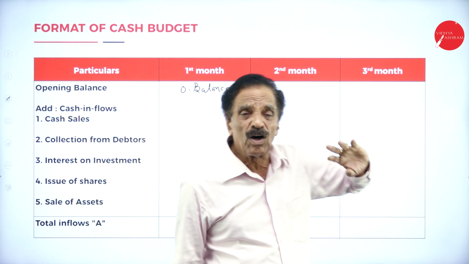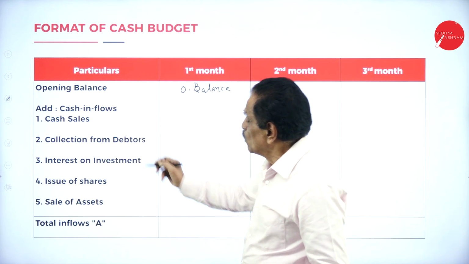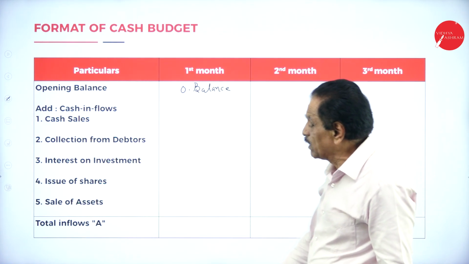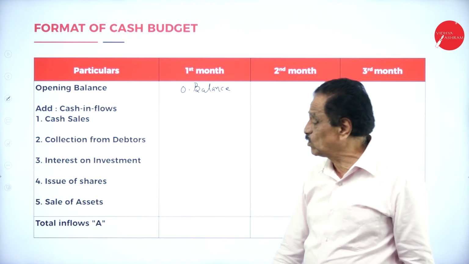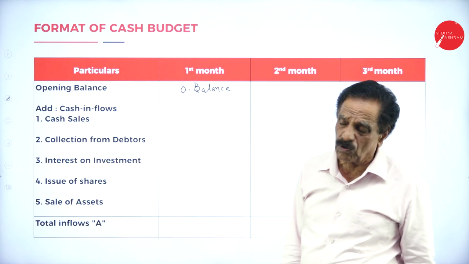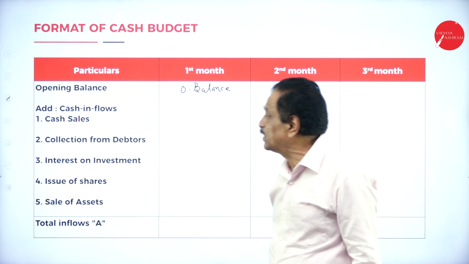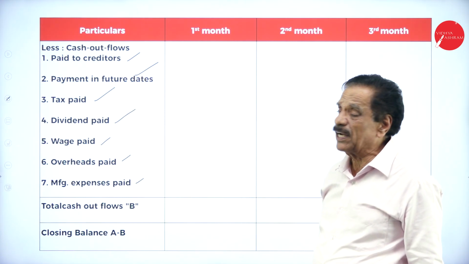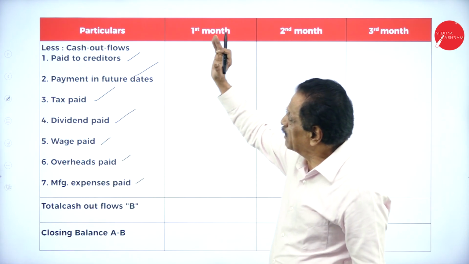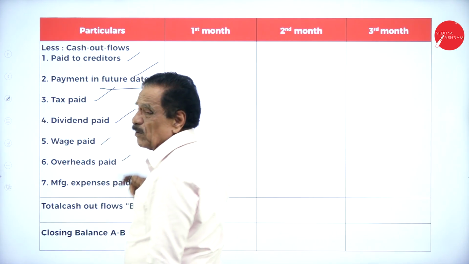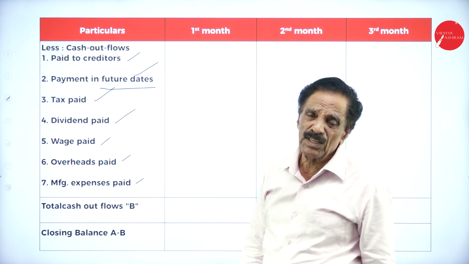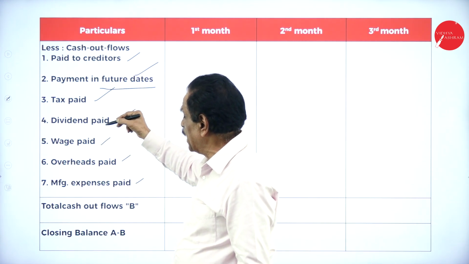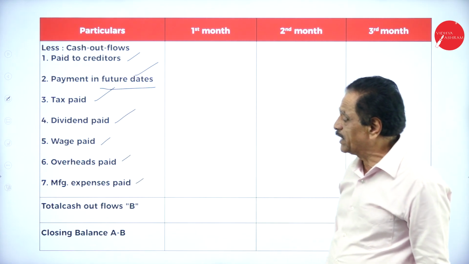So you have got cash sale, collection from debtors, interest on investment, issue of shares, and sale of assets. These are all considered inflows. The outflows are payment to creditors, payment for future dates, wages, dividend, tax paid, overhead expenses paid, manufacturing expenses paid.